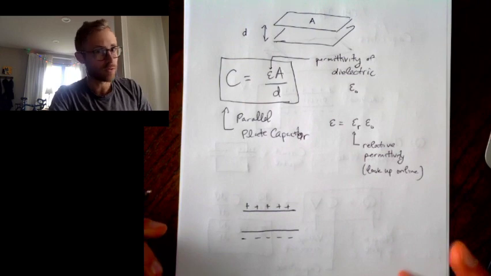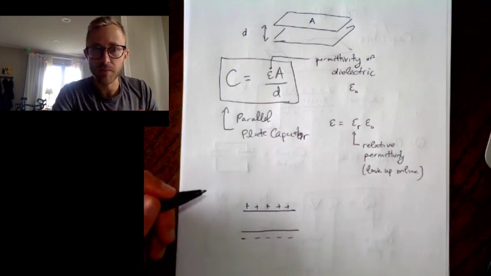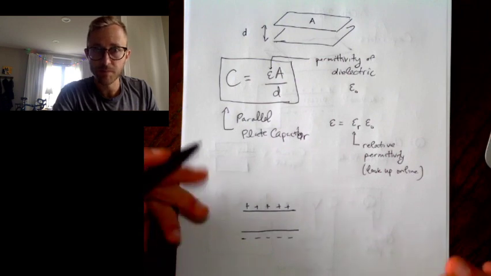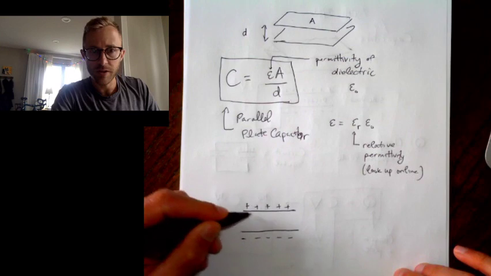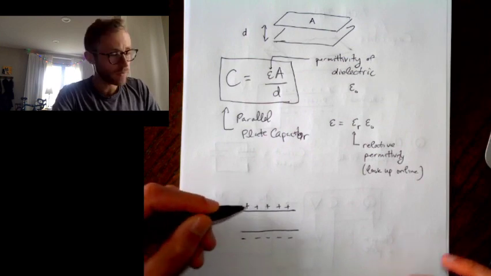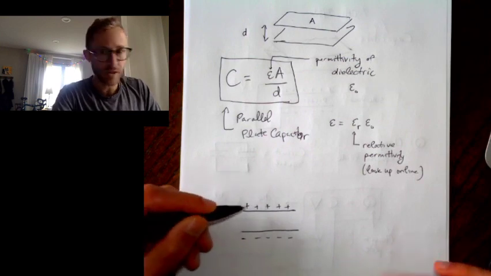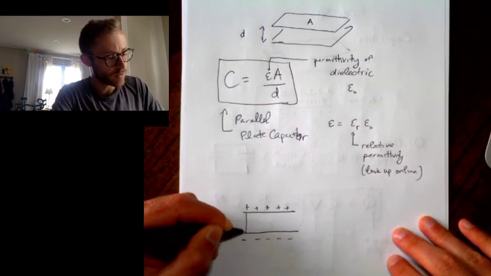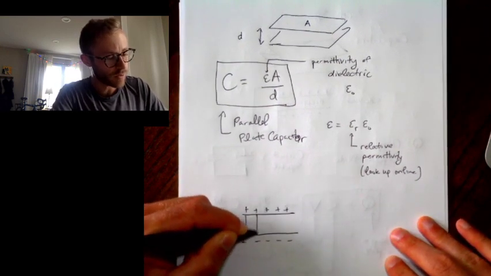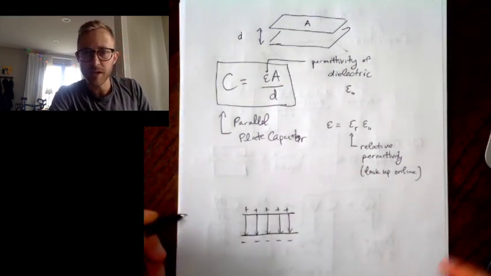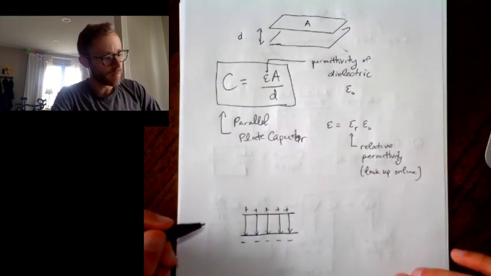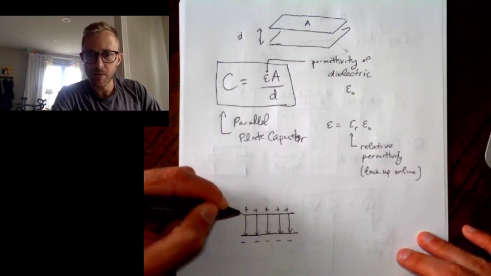Well, you might remember that electric fields have to be perpendicular to the conductor, and they go from positive to negative. So they're going to look like this. This is what the electric field lines look like for a capacitor. They go from the positive plate to the negative plate, and on the edge of the capacitor, the field lines kind of bow out like this.